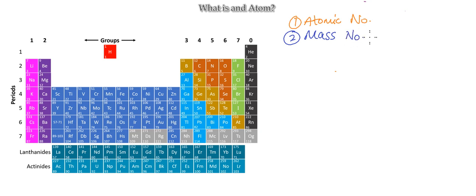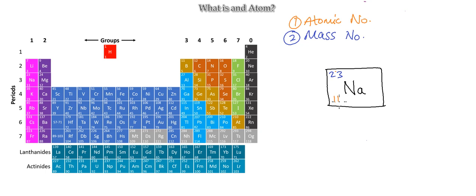These two things are very well presented in the periodic table. So let's pick any one element from this periodic table. Let's say we pick sodium. Sodium is displayed like this. We have the symbol for sodium and we have two numbers: 23, and then the other number, 11.